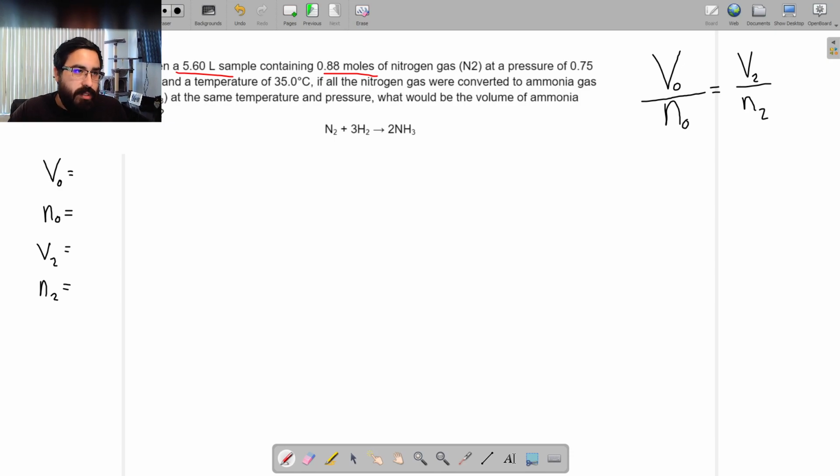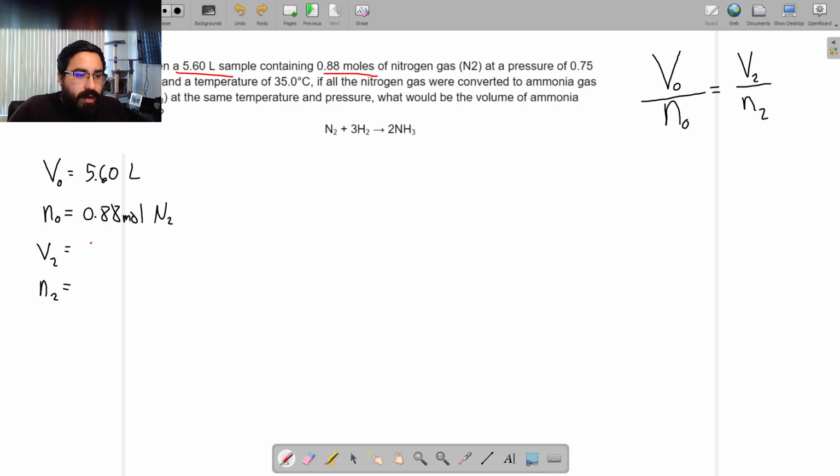Okay, so let's do that really quick. We have 5.60 liters, 0.88 moles of N2. They give us a pressure of 0.75 and a temperature, but then again, they tell us the same temperature and pressure, that things stay constant, so those numbers are irrelevant.